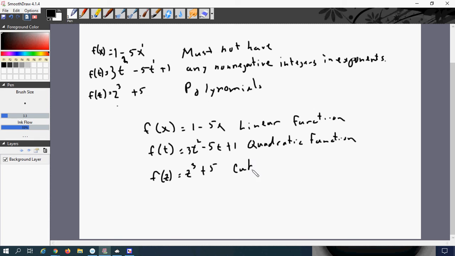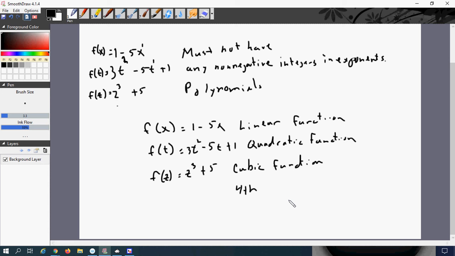This was a cubic function. After that, we pretty much just say fourth degree function or those kinds of things. We don't really have names for the other ones because we don't use them as much, basically. So that's kind of the setup there.